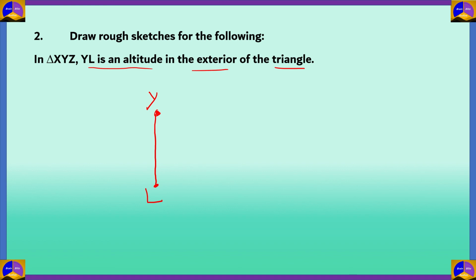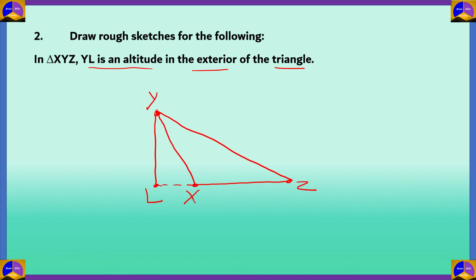so we mustn't use YL as one of the sides. The triangle is XYZ. So if we draw like this, name that point as X, and extend this right as Z, right there.